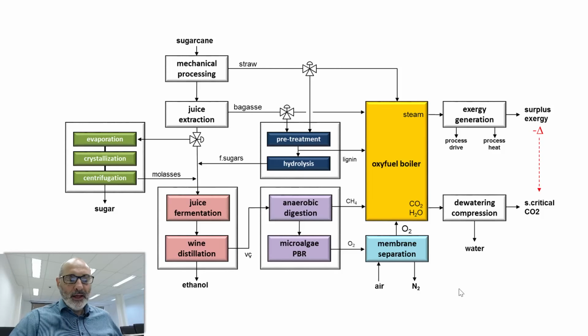You see here, the second generation processes, pretreatment and hydrolysis. And I just showed you, you can ferment vinasse, for instance, from distillation, and you get methane here. I know some sugar mills that do this, okay?